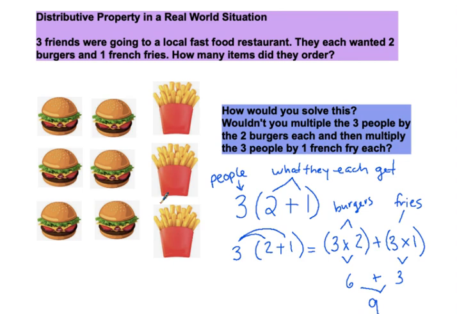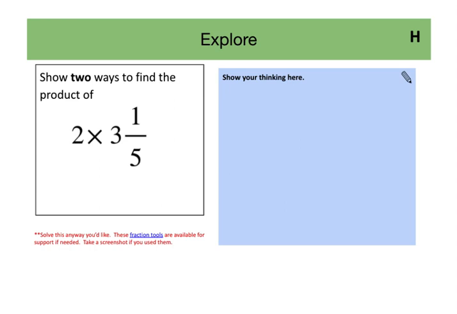All right, let's go ahead to slide H. So on slide H, students have to show 2 ways. They can use the fraction tools here on the bottom, but we also want them to tie in what they just saw in the previous slides from this lesson. And it might be a good idea to use a collaborative board through Nearpod, which we explored in a previous video.